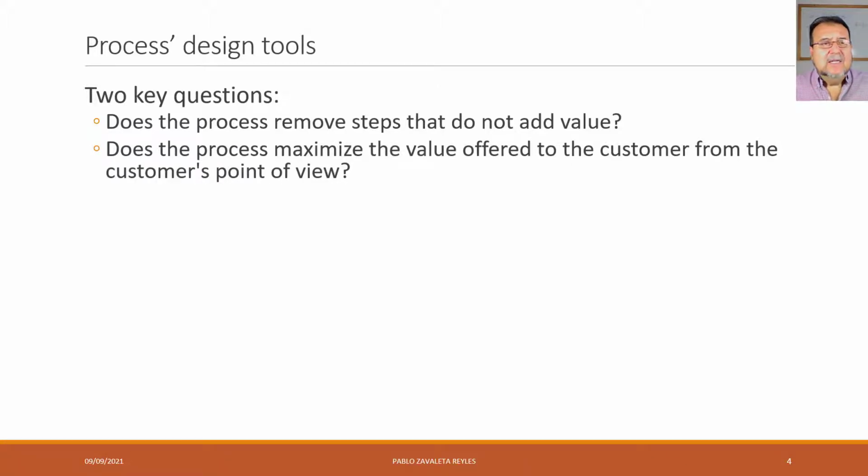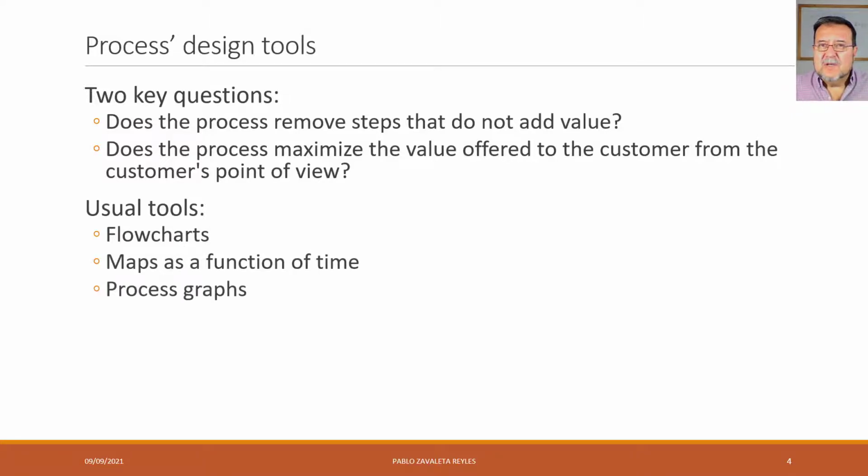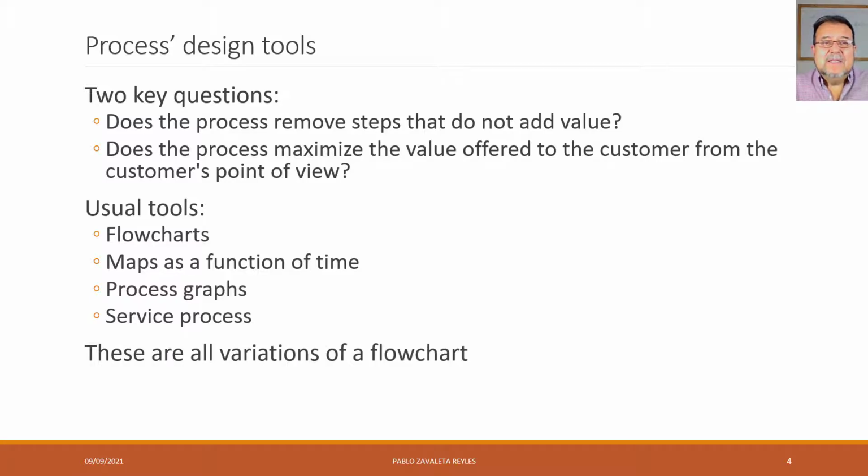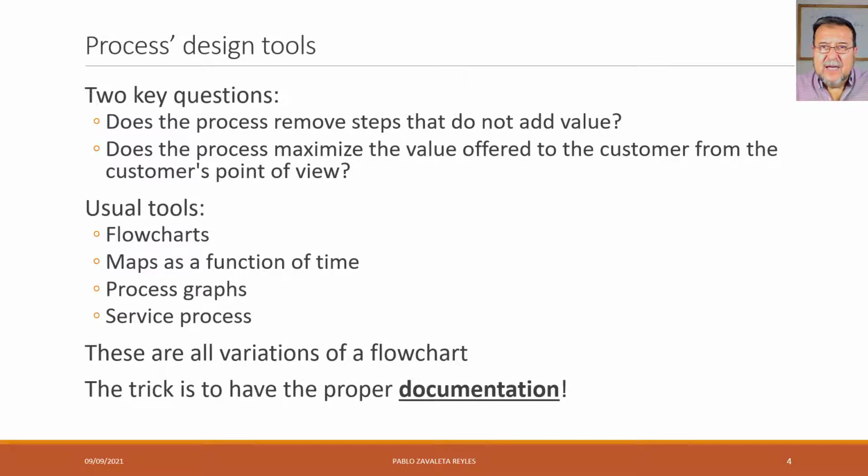And second, does the process maximize the value offered to the customer from the customer's point of view, not from our own? And this is something that most companies tend to forget. How are we going to do this? The usual tools are flowcharts, maps, process graphs, service process, and as you can see, all these are variations of a flowchart. The trick then is to have the proper documentation.